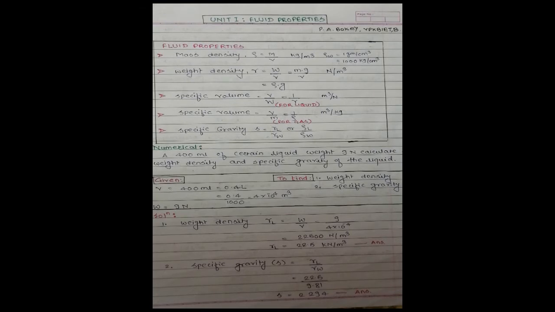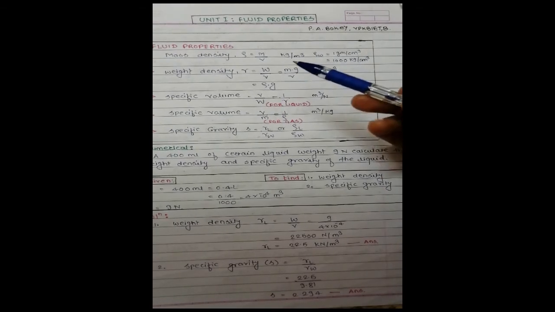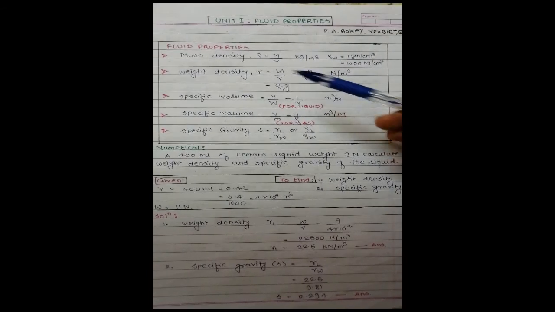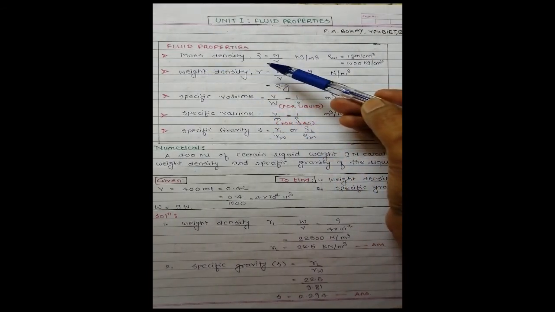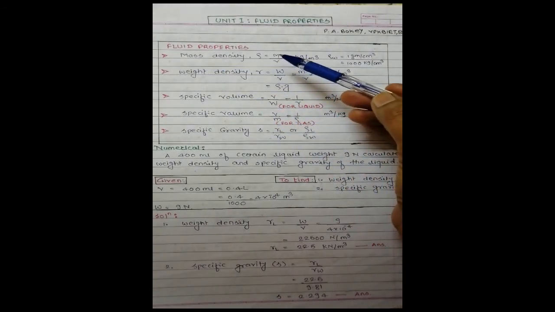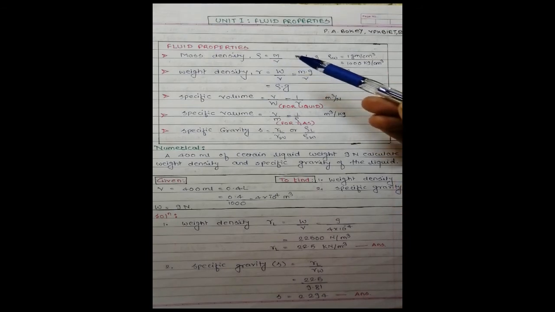Now we will see them one by one. The first property is mass density. Density or mass density of a fluid is defined as the ratio of the mass of a fluid to its volume. Thus, mass per unit volume of a fluid is called density. Mass density rho is equal to mass per unit volume.